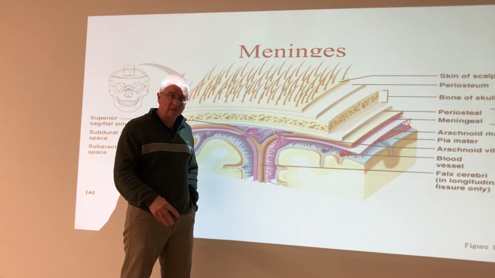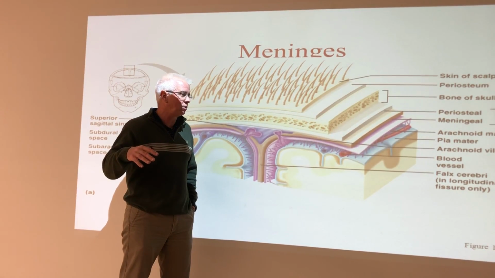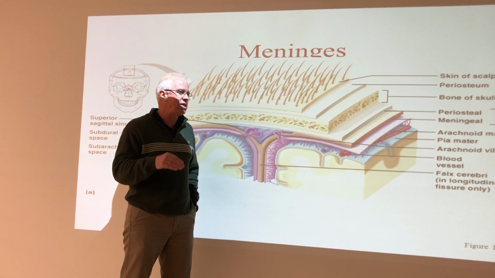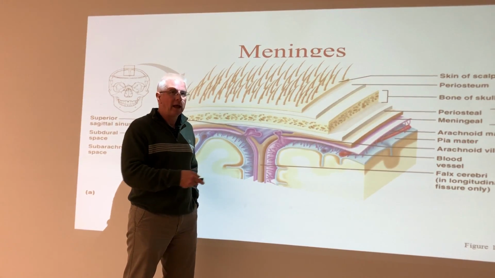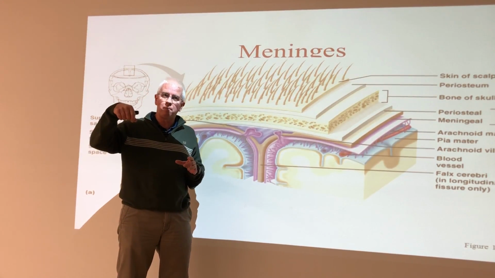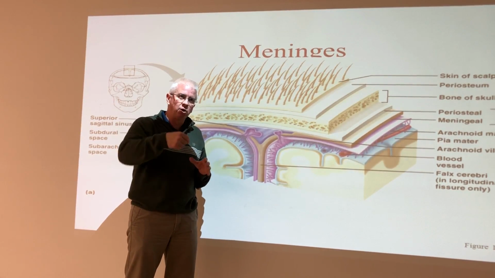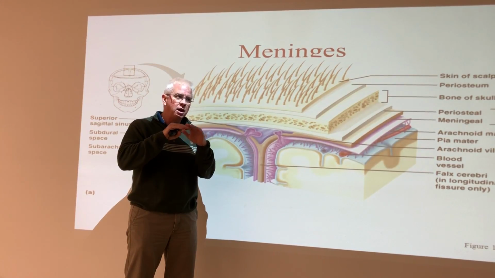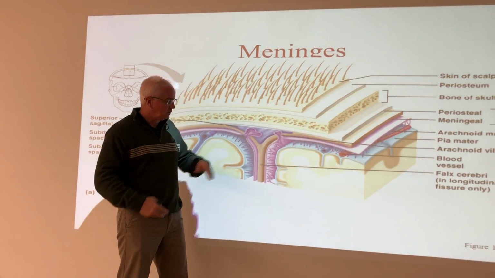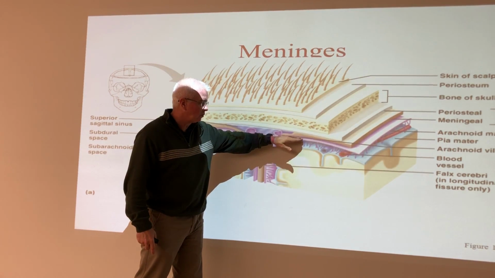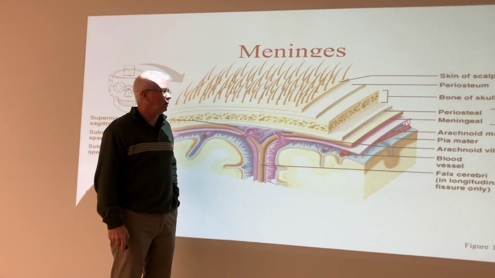So all of the sulcus, sulci, and gyri, the hills and valleys, the surface of the brain and spinal cord, are followed by a thin membrane called the pia mater. The pia mater. And in a dissection, if you take a little thin dissecting tool, and you pick at the surface of the brain, you can see a thin membrane covering the surface of the brain. That is the pia mater. So the subarachnoid space is between the arachnoid mater and the pia mater, and there's fluid in that space, cerebrospinal fluid.